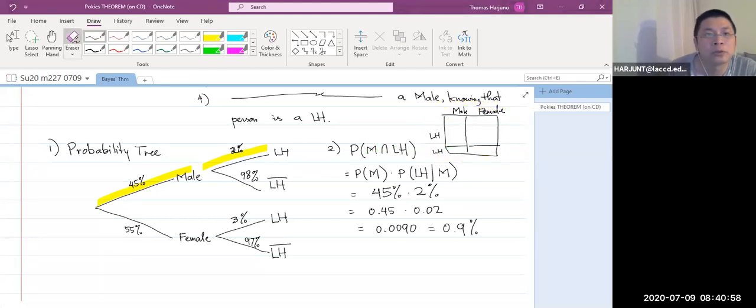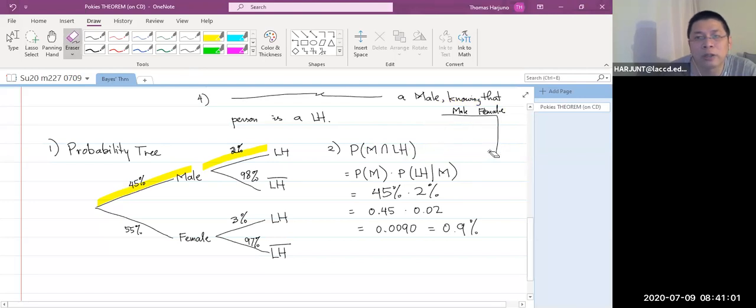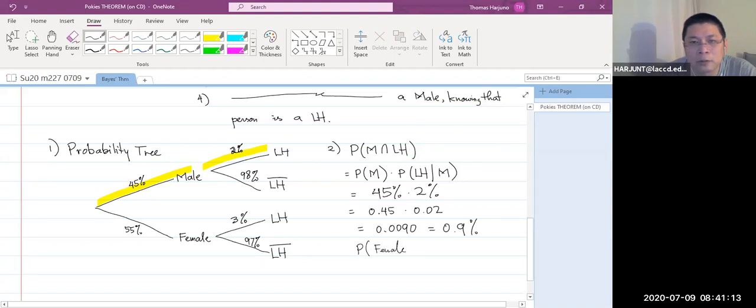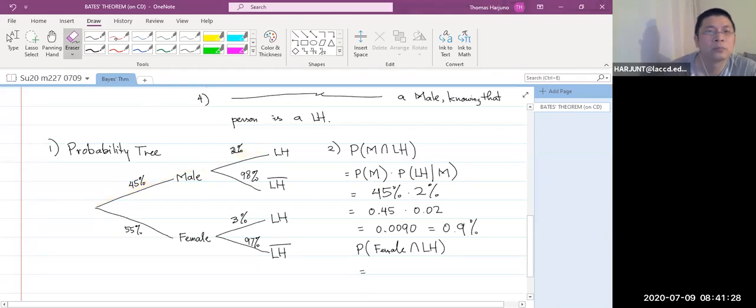Okay, so try to imagine this structure here. I will erase it, otherwise it gets too complicated. Now then, the second part, how about the probability of female and left hand at the same time? Using the same view, we see being female first and then left hand.